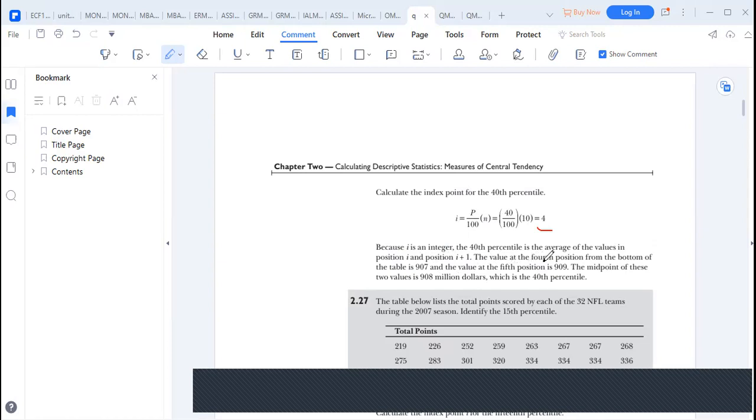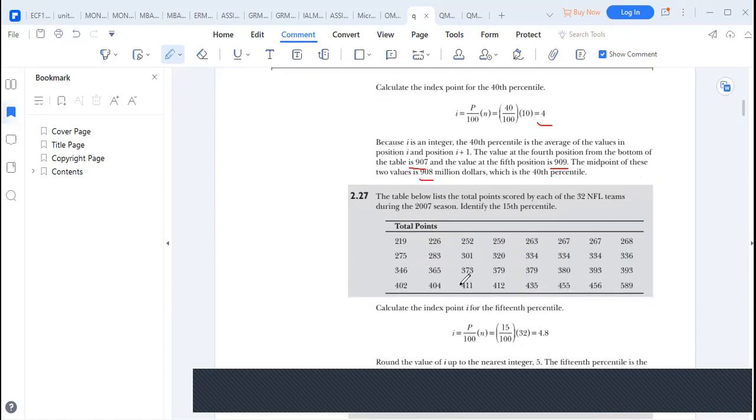The 4th position from the bottom is 907, and the value of the 5th is 909. So the midpoint of the two, since this is an exact whole number, we average these two and we're going to get 908.